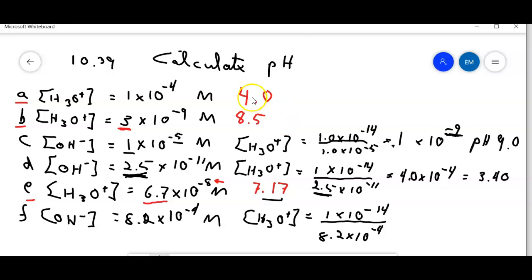I get 1.2 times 10 to the minus 11th. So for your pH, you take a logarithm of that, and you get minus 10.9, and you take the negative of that, so you get 10.91.